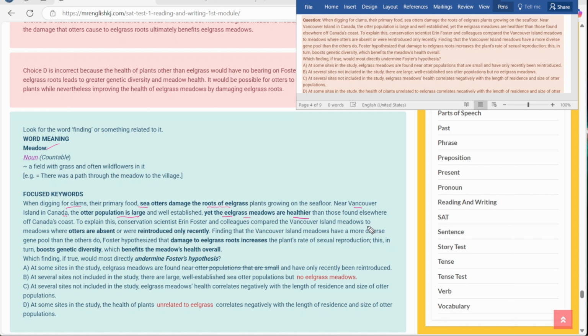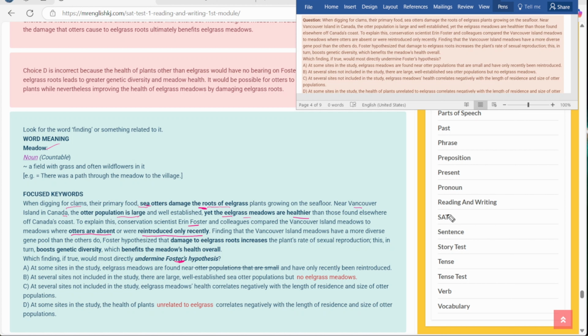Meaning, compared to other places where the otter population is the largest, you can find eelgrass also in huge amounts. Means they are healthy. They did some research where otters were absent, where they were reintroduced, meaning they just recently started living there.